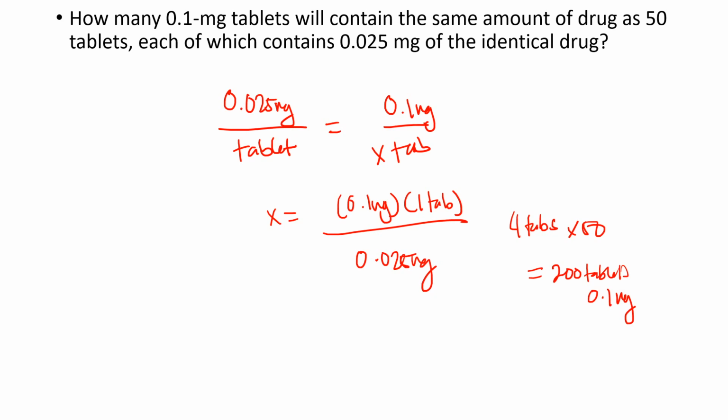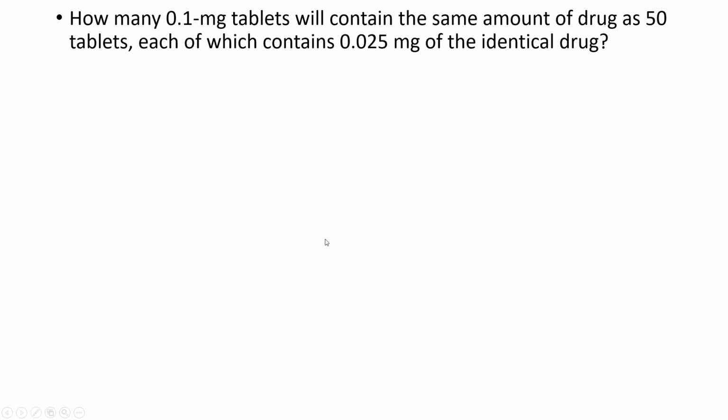I don't think that's correct. I think the correct answer would be different, because you have 50 tabs that contain 0.025, so that is actually already 1.25 milligrams.